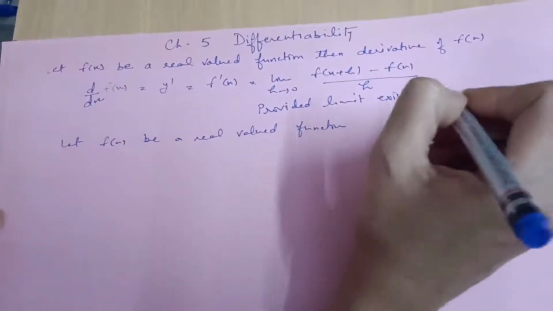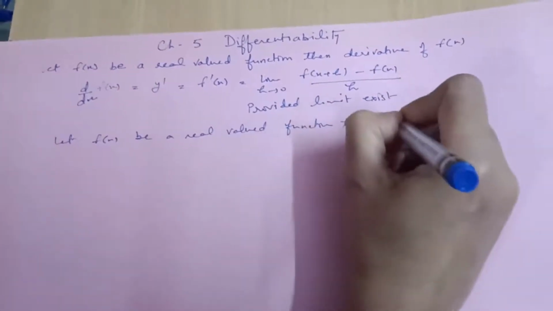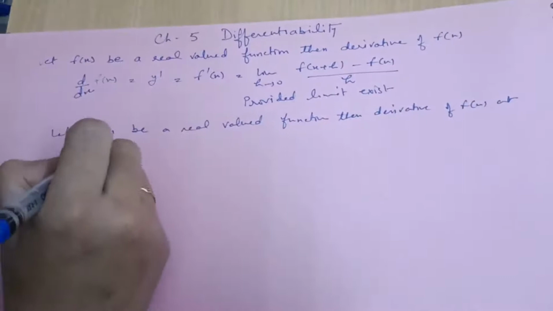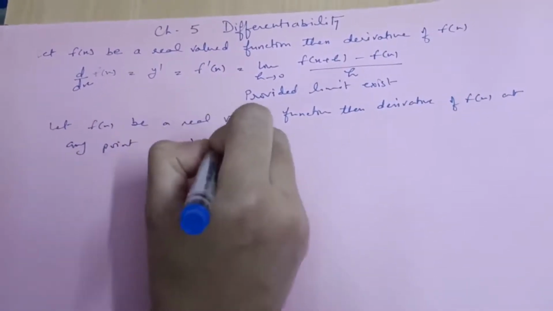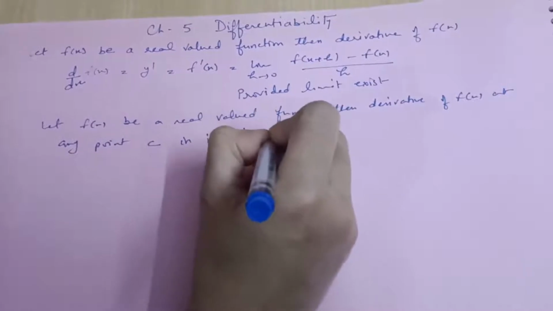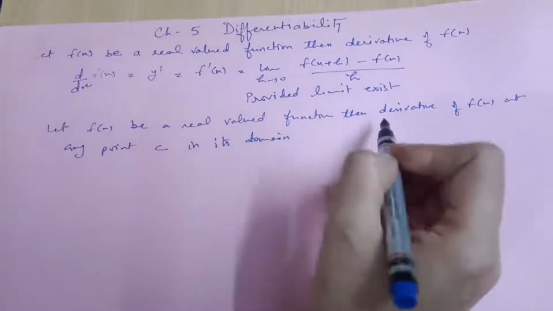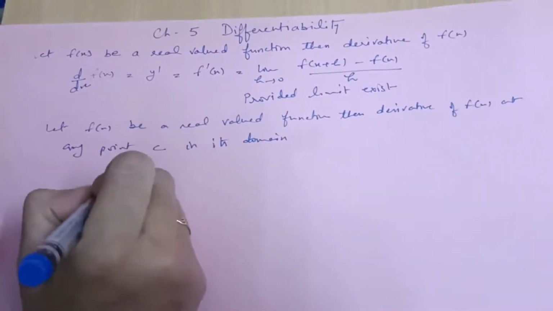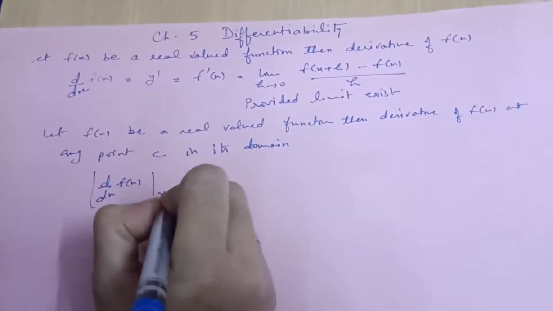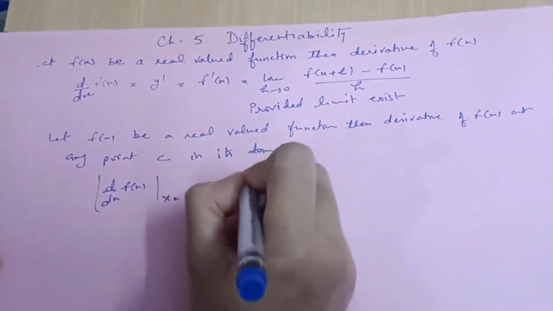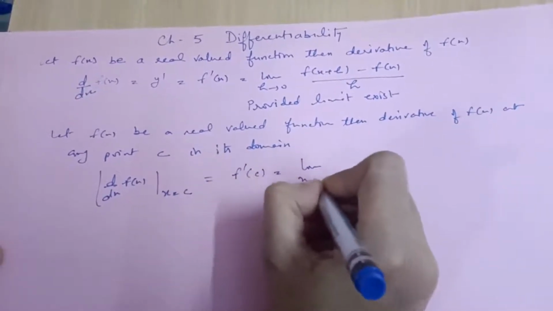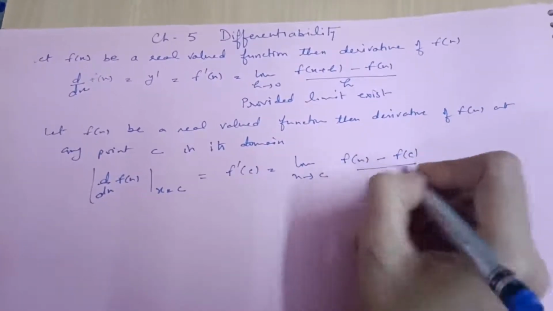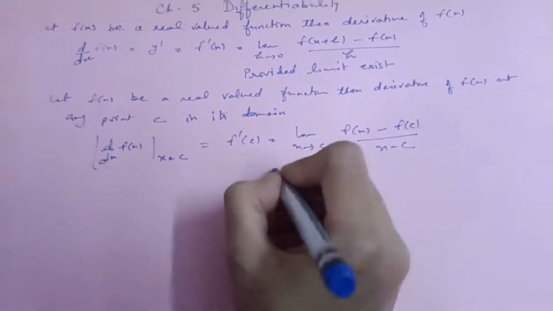Then the derivative of f(x) at any point c in its domain is defined by d by dx of f(x) at x equals c, or I can say f dash c, which is the limit x tends to c of f(x) minus f(c) by x minus c, provided the limit exists.